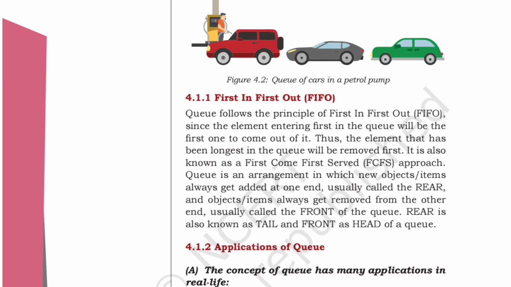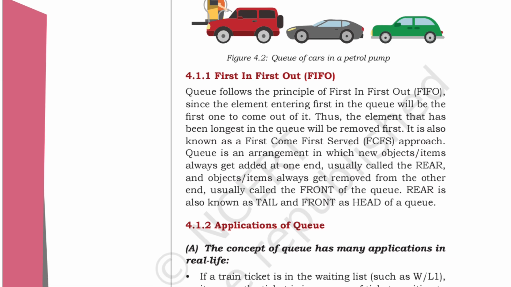Queue is an arrangement in which new objects always get added at one end, usually called the rear, and objects always get removed from the other end.